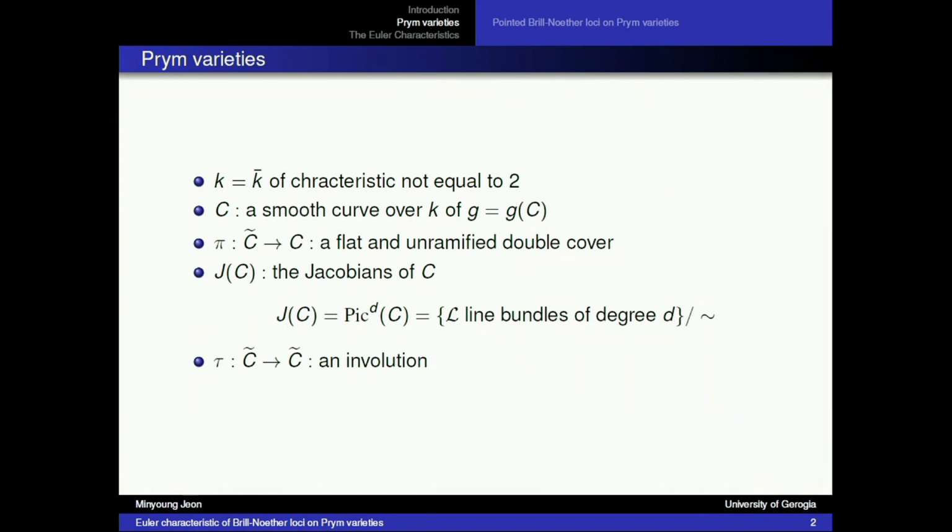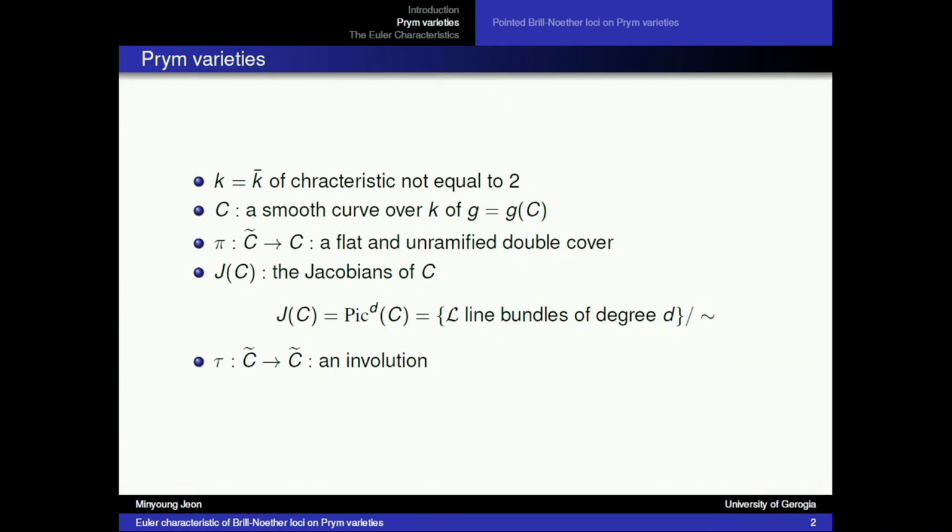So our double cover being unramified means the fibers are just a disjoint union of two points. And J of C is the Jacobian, the set of line bundles of degree d modulo some equivalence relation. And tau is an involution.